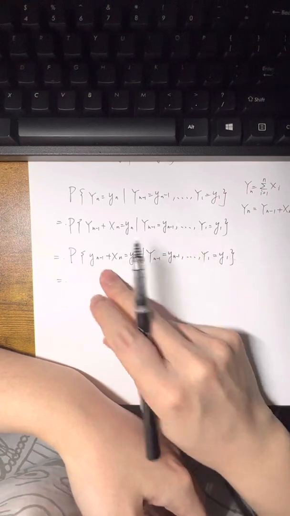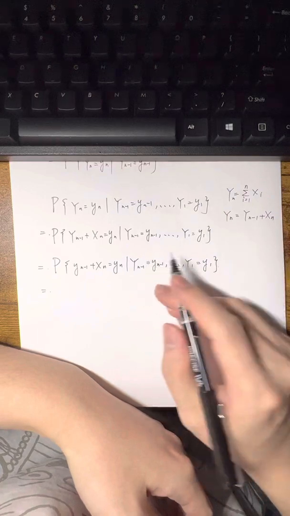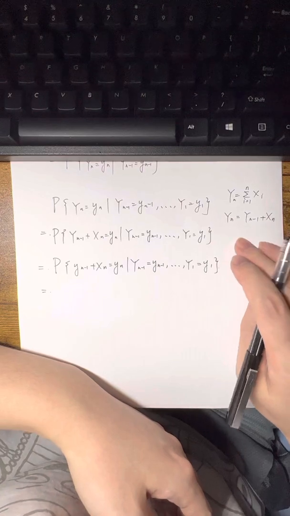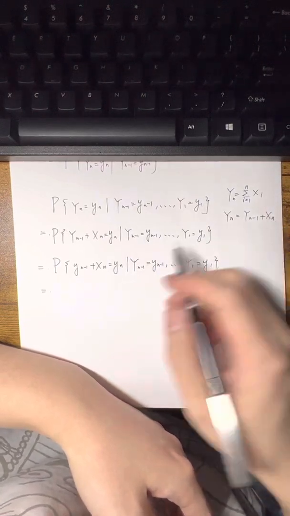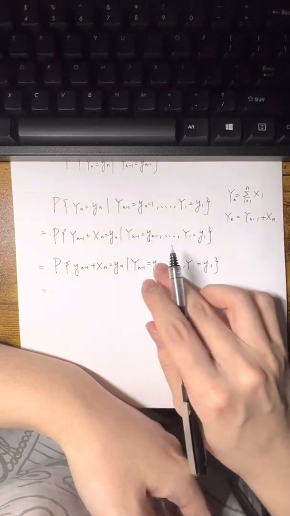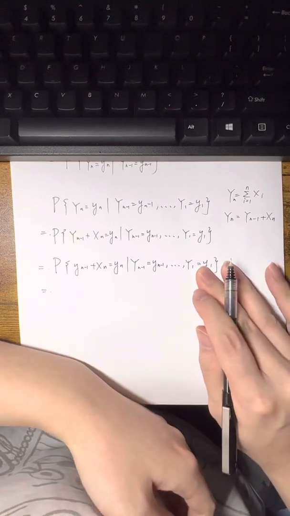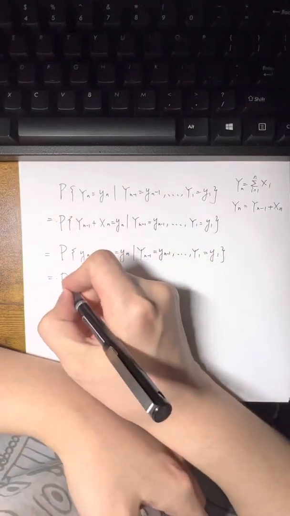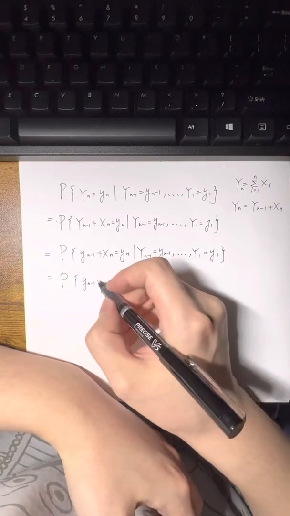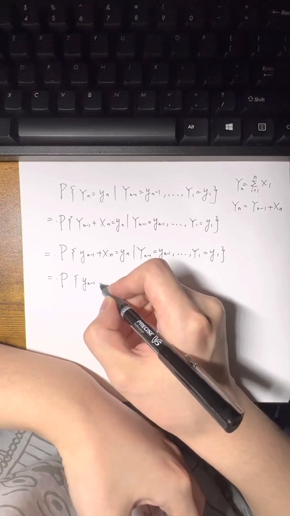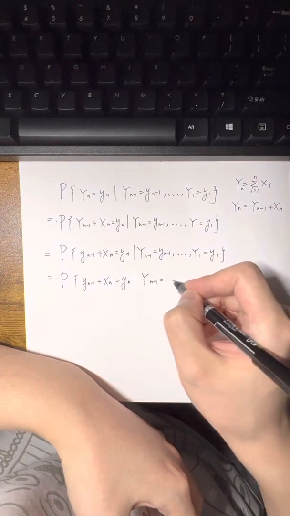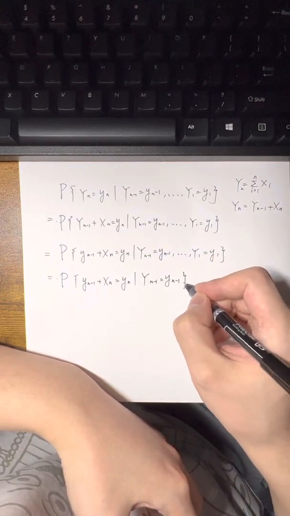We only use xn when we use yn minus 1 to calculate yn, which means that xn is only related to this part. So before n minus 1, we don't need that. We could discard that part. So this can be written as yn minus 1 plus xn equals yn, given that yn minus 1 equals yn minus 1.